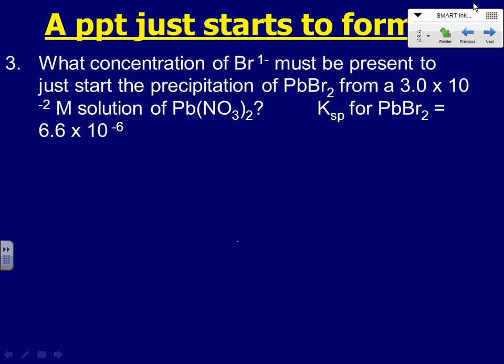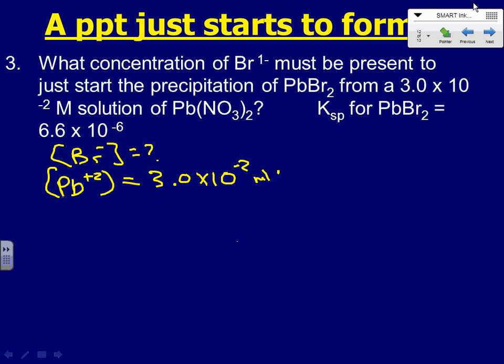In this case, I'm going to be using the Ksp expression for PbBr2. I'm wanting to find the bromide ion concentration, Br minus. I need the lead concentration, Pb plus 2, square brackets, and that's 3.0 times 10 to the minus 2 moles per liter.